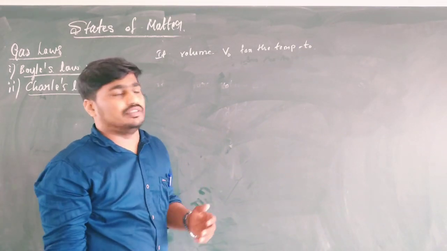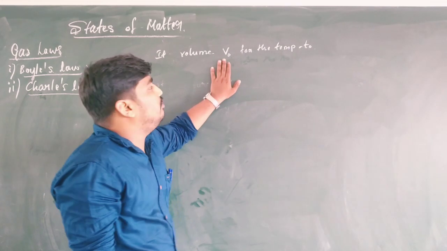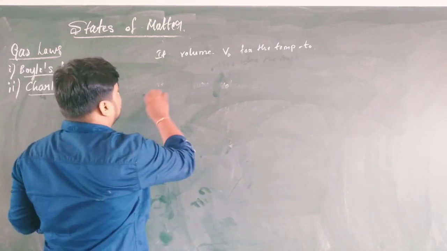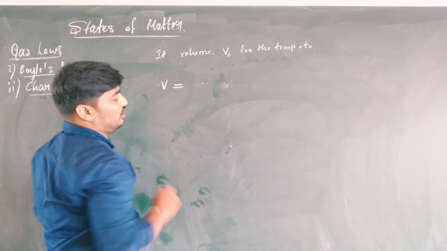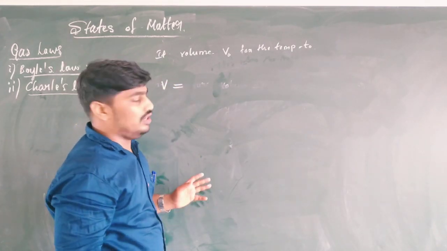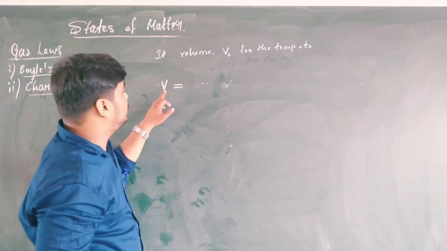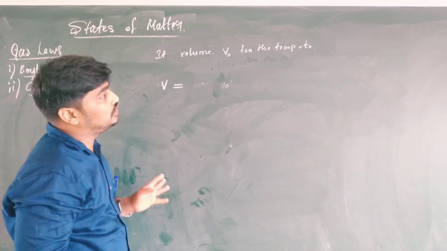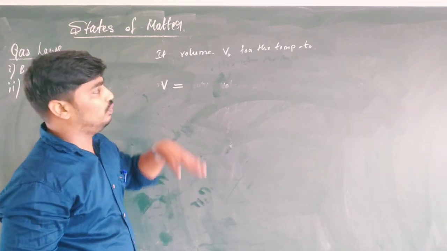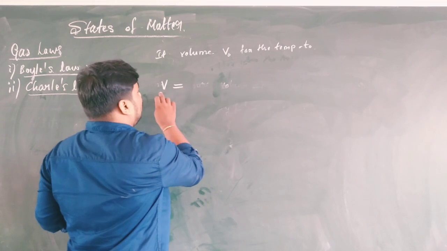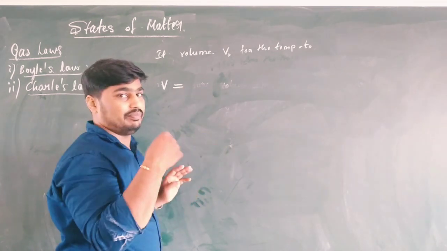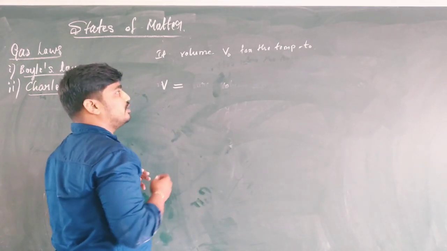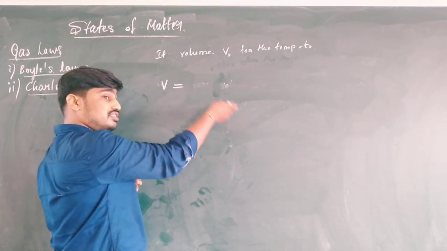In the initial condition, for T naught temperature, the volume is V naught. Now, what is the change in the volume as per the law, when temperature increases from T naught to T? When temperature increases, volume also increases, according to the statement.